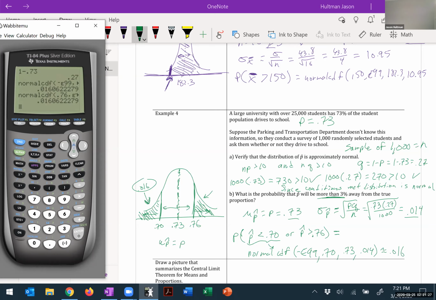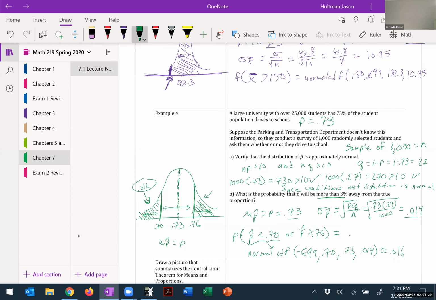So this would be 0.016 plus 0.016, which is equal to 0.032. That would be the probability that I would be 3% away from the true proportion. Or I could just multiply 2 times that number, because of symmetry, they're the same.